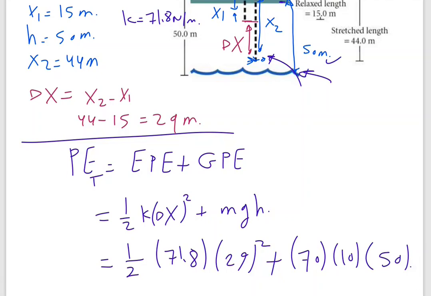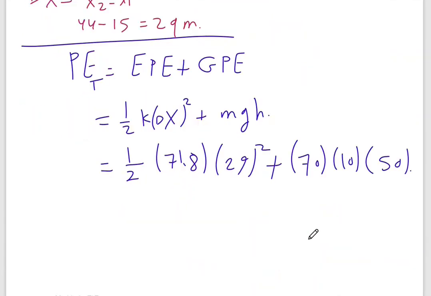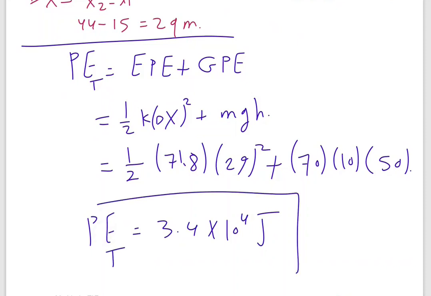Now plug these values in the calculator. You should get 3.4 times 10 to the power 4 joule. This is the total potential energy. Okay, I'm going to stop here, and next questions that we're going to solve are practice questions.